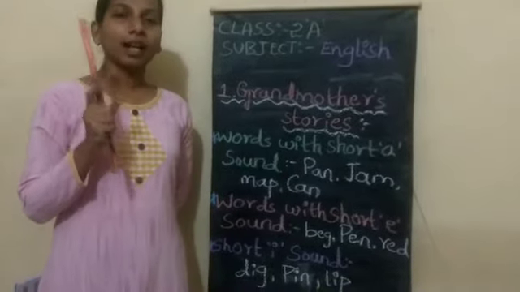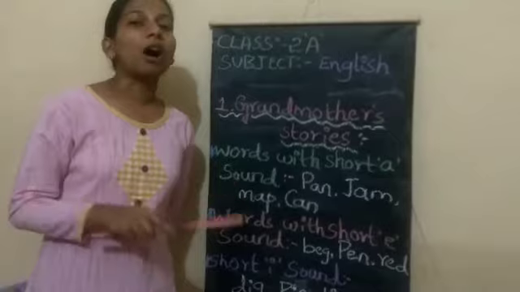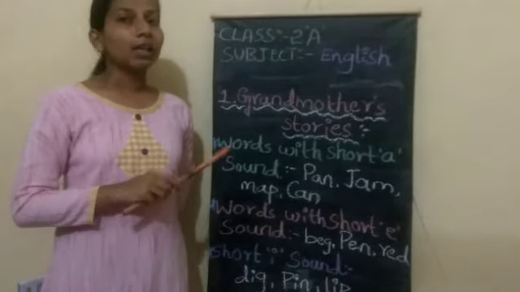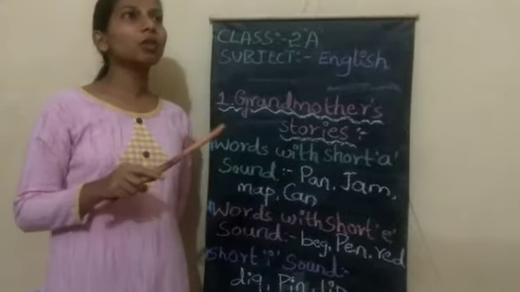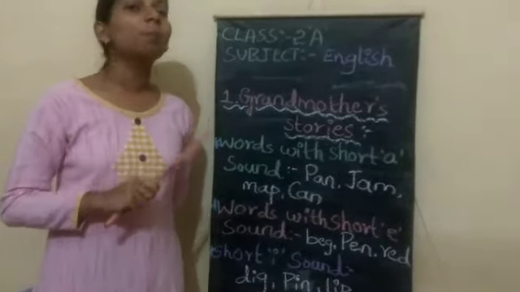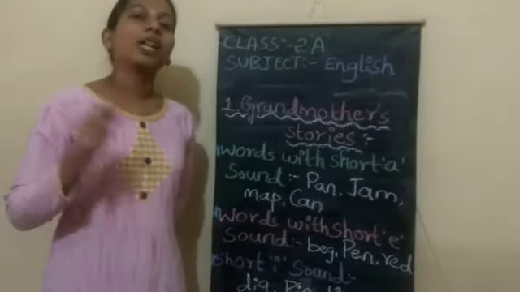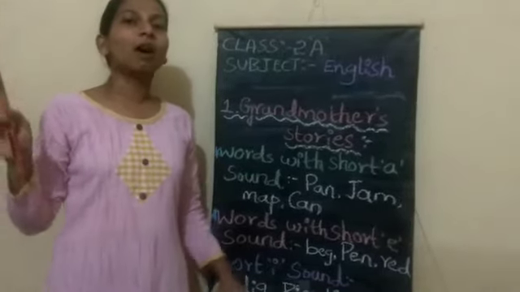Here, the scarecrow means the figure which will be made in the farms and fields. In farms, many crops will be grown, right? Those crops will sometimes be eaten by the birds. So to scare those birds, there will be a figure standing in the farms and fields.